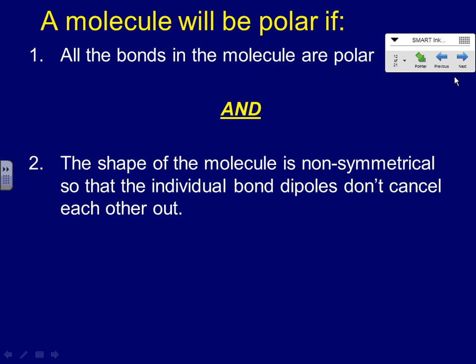You have to have both requirements in order for it to be polar. You've got to have polar bonds, and you have to have a non-symmetrical molecule such that those dipoles do not cancel out.